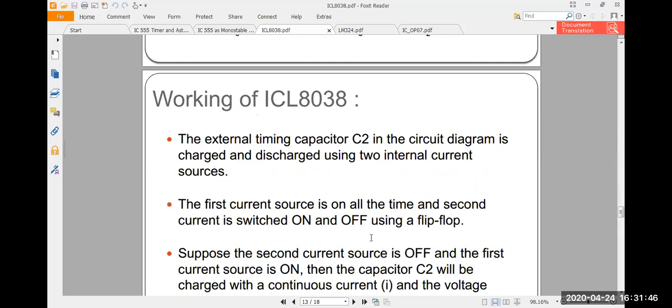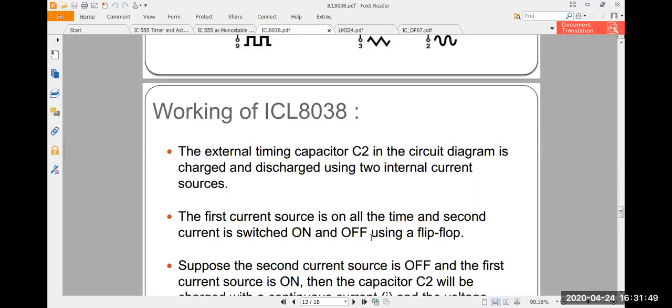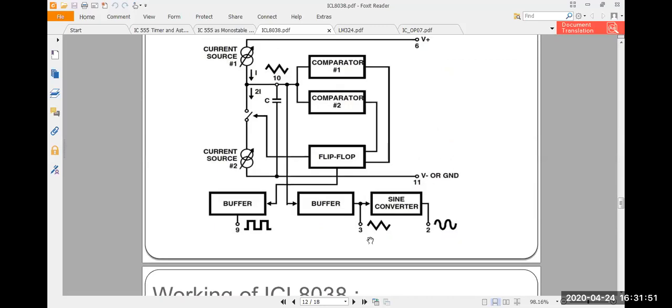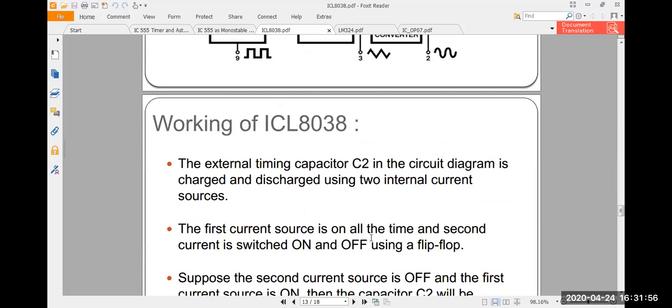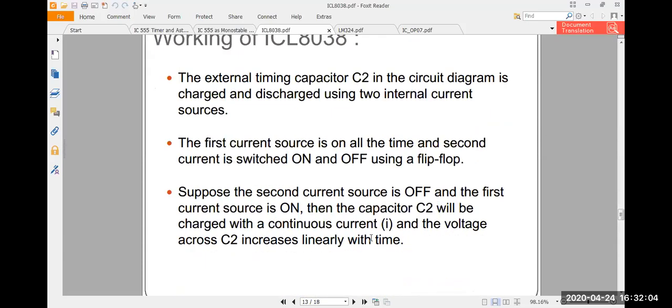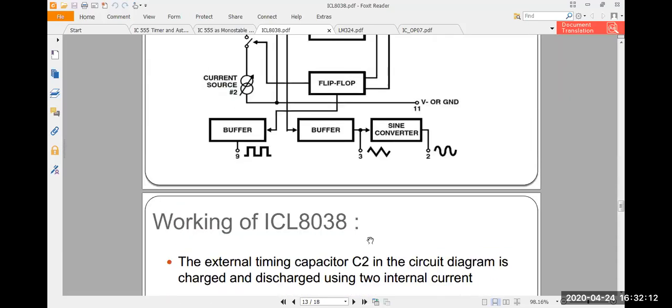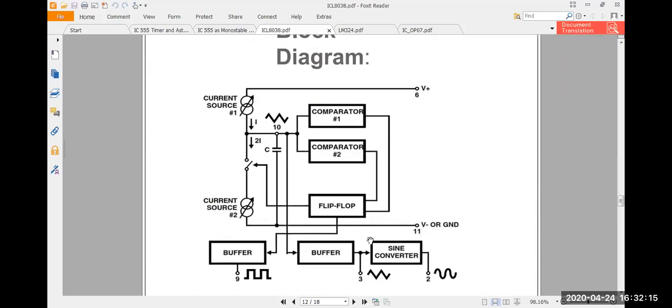Now the external timing capacitor C2 in the circuit diagram: there is a capacitor which is connected externally, and with the help of two internal current sources it can be charged and discharged. The first current source is on all the time, and the second is switched on and off using the flip-flop. You can see in this block diagram there is a capacitor connected at pin number 10 to V minus or ground.